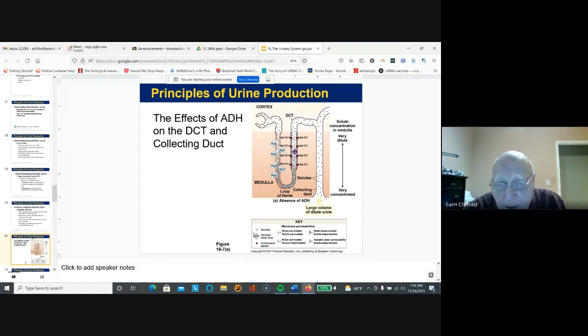The ascending limb is reabsorbing sodium and chloride, and you're going to have the increase in concentration as you move down the descending limb, and that water moving out and that sodium and chloride moving out from the ascending limb is going to greatly increase the concentration in the interstitial space. So that's going to help increase and allow much water to move toward the high concentration in the interstitial fluid to end up in the blood.